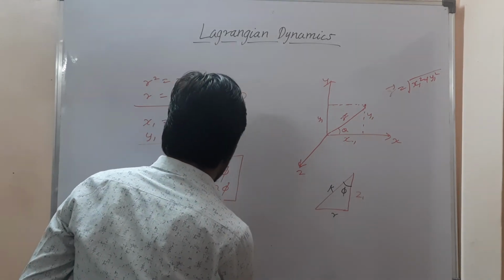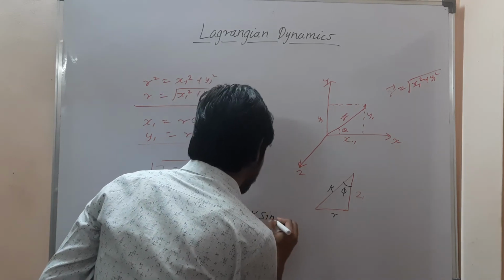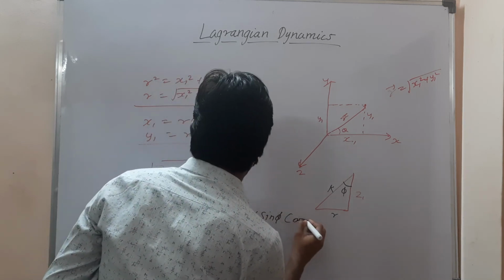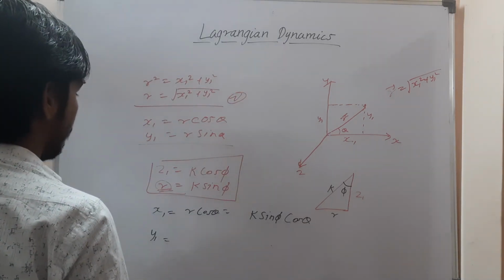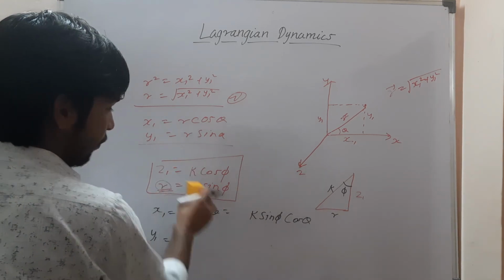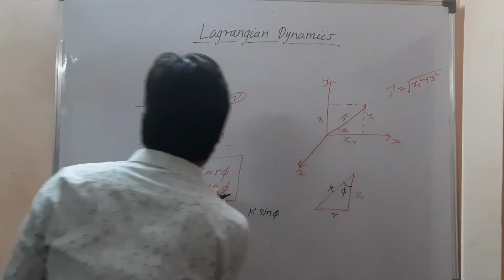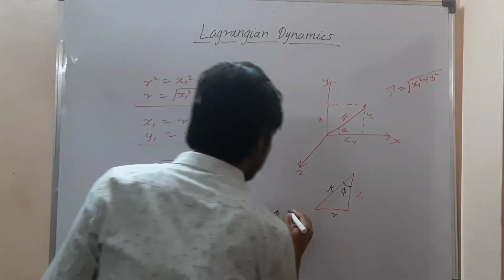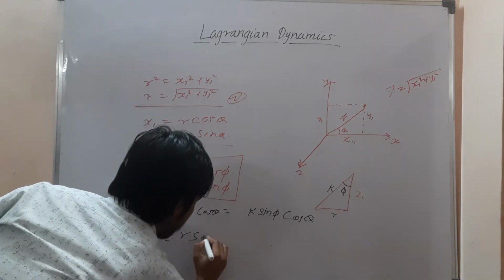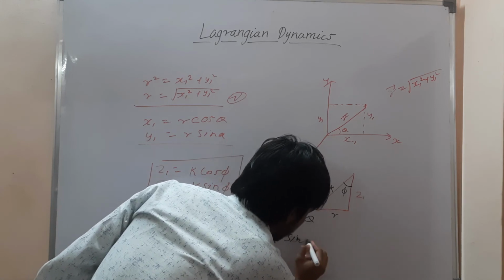So x1 is k sin phi cos theta. Similarly, y1 is equal to r sin theta, and r is equal to k sin phi, so y1 is k sin phi sin theta.